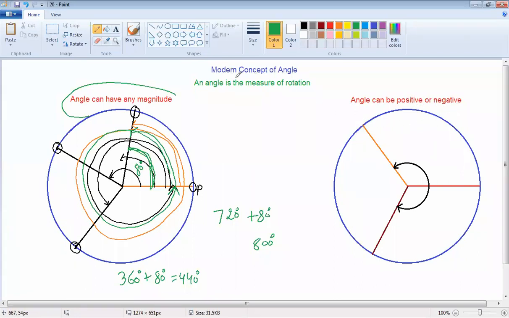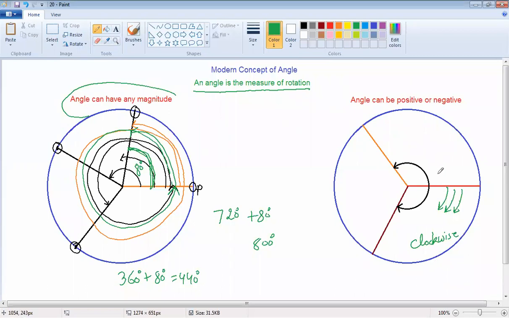How? We are saying that angle is the measure of rotation. Rotation can be in two ways. You know, the arms of the clock, whether it is the minute hand, the hour hand or the second arm, rotate in this direction. This direction is known as clockwise direction.